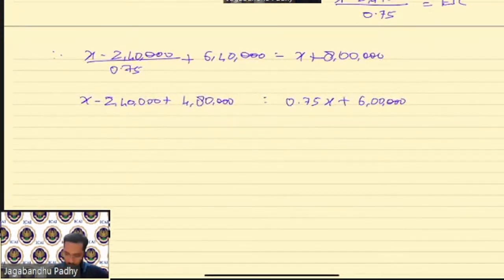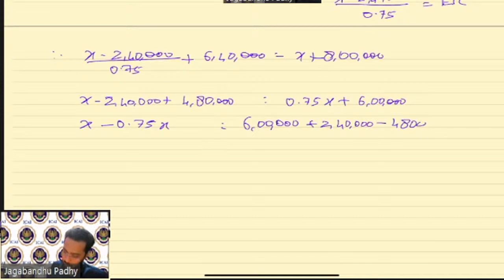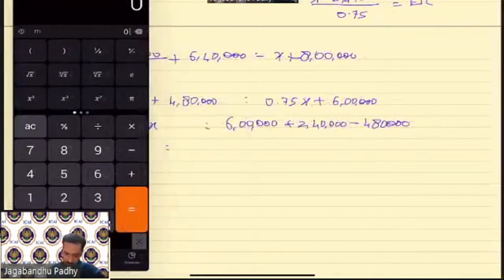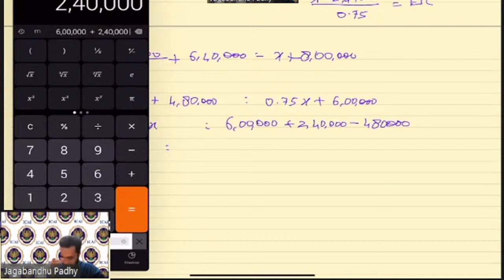Bring all x terms on one side. So x minus 0.75x is equal to 6 lakh plus 2 lakh 40,000 minus 4 lakh 80,000. That's like 0.25x is 6 lakh plus 2 lakh 40,000 minus 4 lakh 80,000.